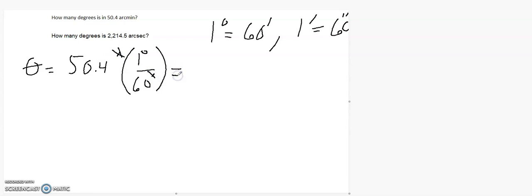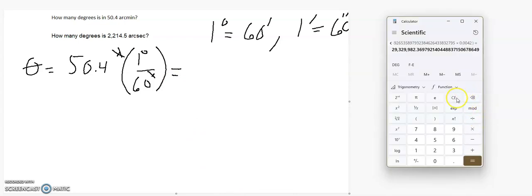So it's going to be a number less than 1. Let's break out the calculator and clear this one. It's 50.4 divided by 60. That's literally it. So it would be 0.84 degrees.